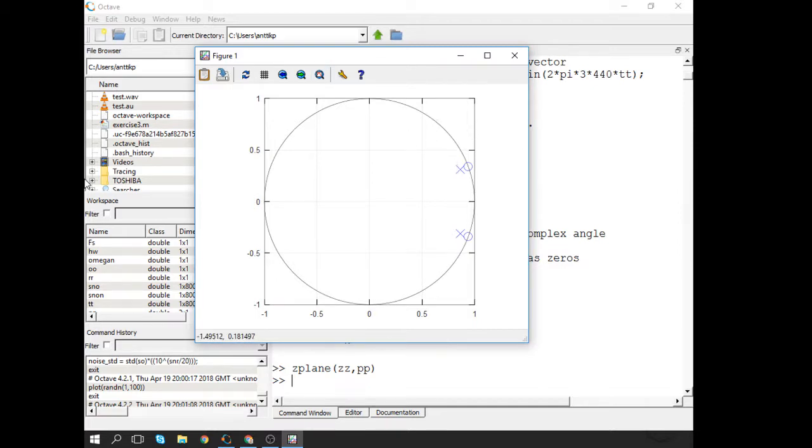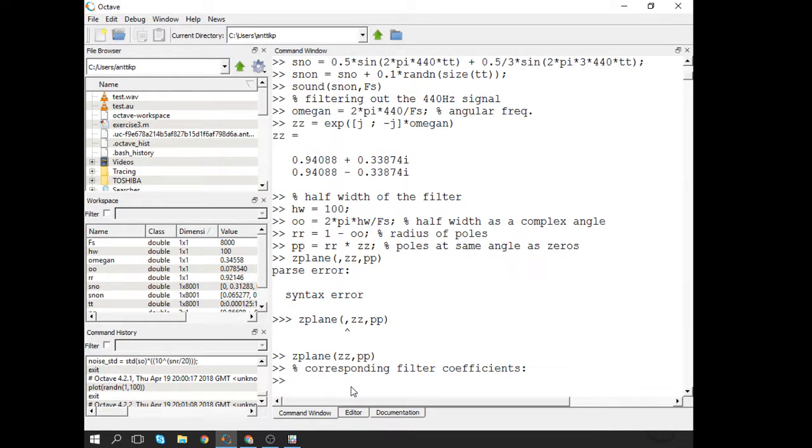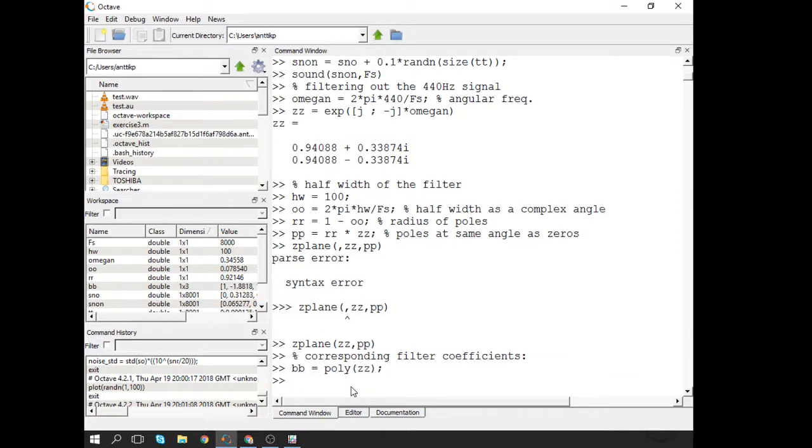Good. So the corresponding filter coefficients when we have zeros and poles, we have done it a couple of times. So the B are the polynomial coefficients of the polynomial defined by these zeros, and A parameters are the polynomial coefficients of these roots.